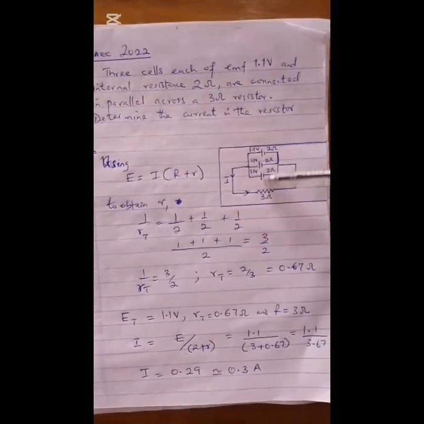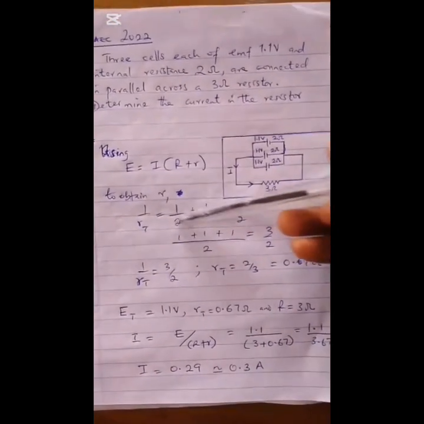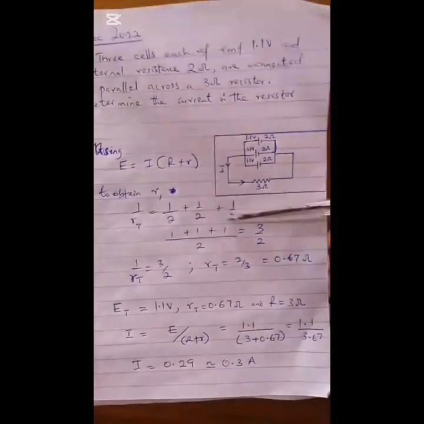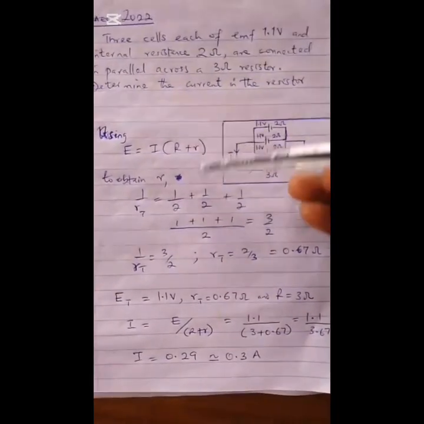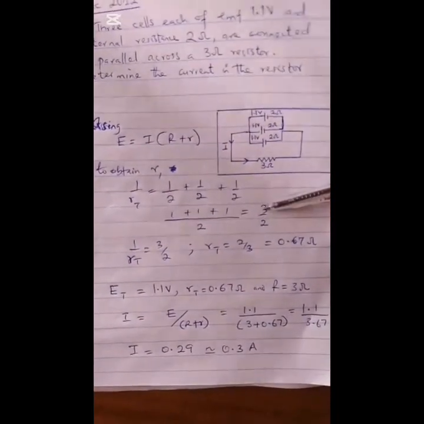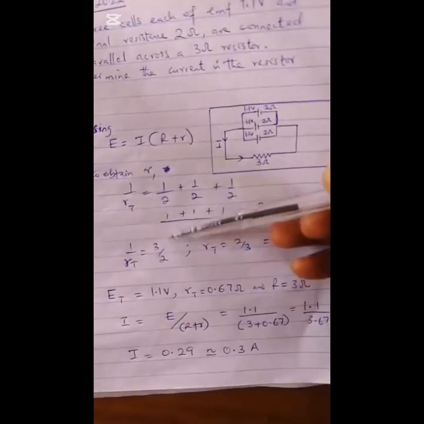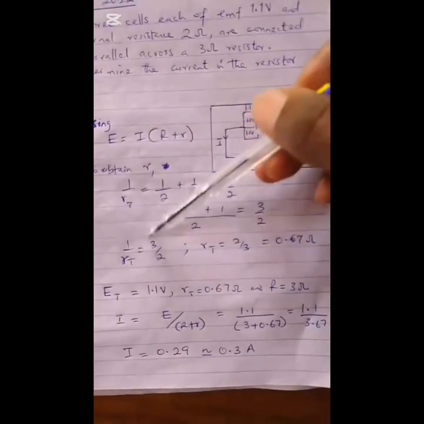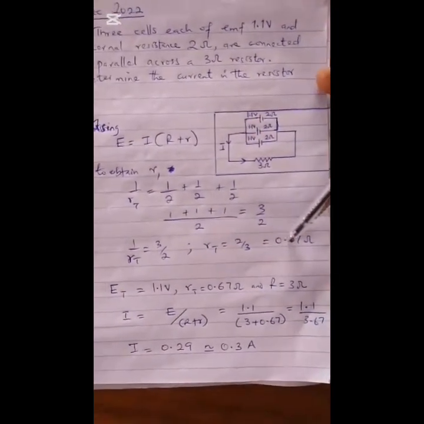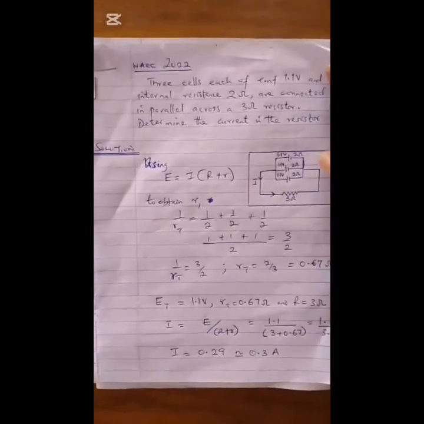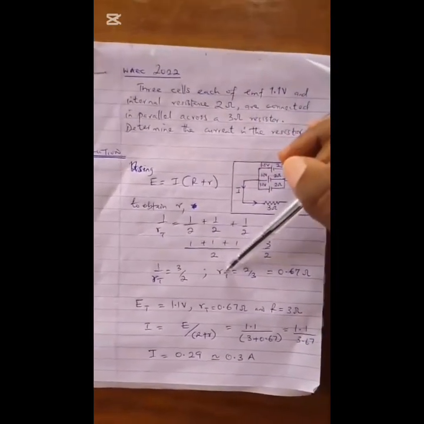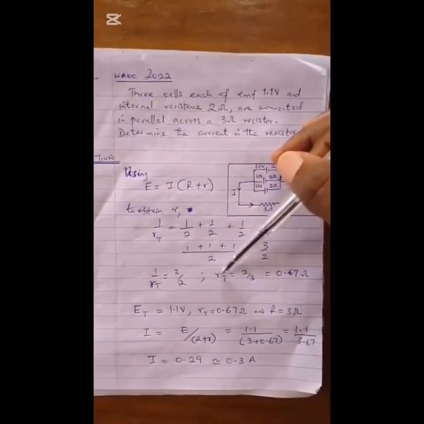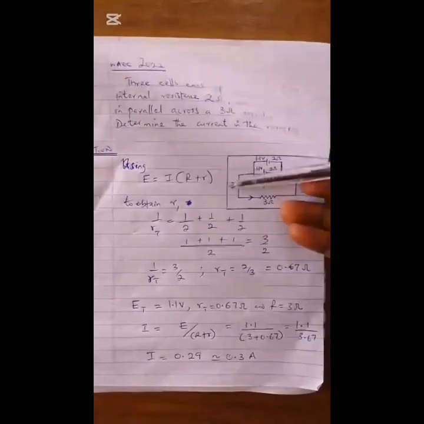And for cells in parallel, we do the total resistance as parallel inverse. Use the LCM of 2, then you have 1 plus 1 plus 1, so you just add up, 3 over 2. So 1 over r total is 3 over 2. So r total is the inverse of 3 over 2, which is 2 over 3, and that's 0.67 ohms. So we've calculated the total effective internal resistance for the 3 cells.